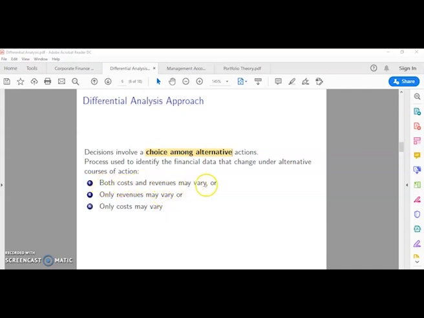Both costs and revenues may differ. Only revenues may differ. Only costs may be different. So it depends. We have different types of differential analysis approaches, and it depends which item is going to be different in this analysis.